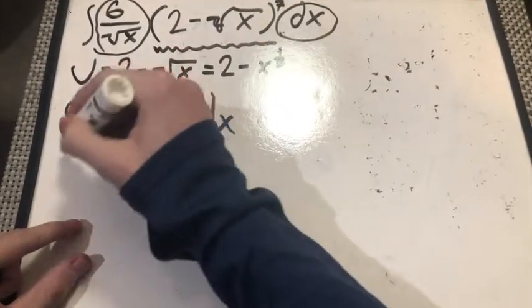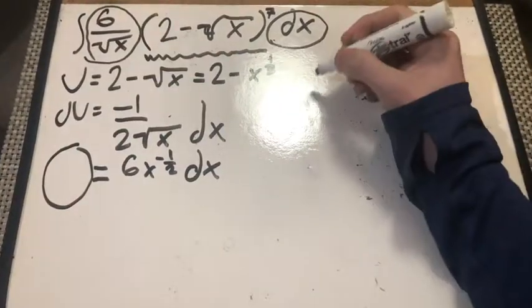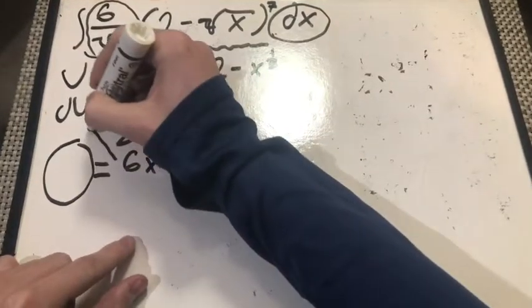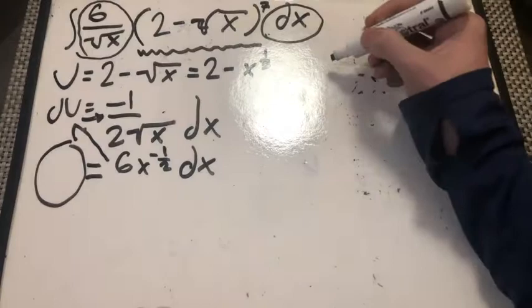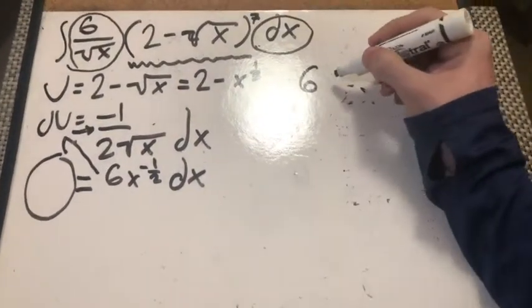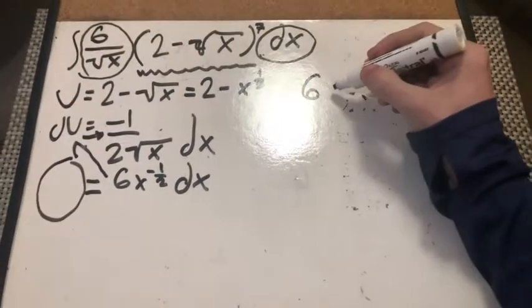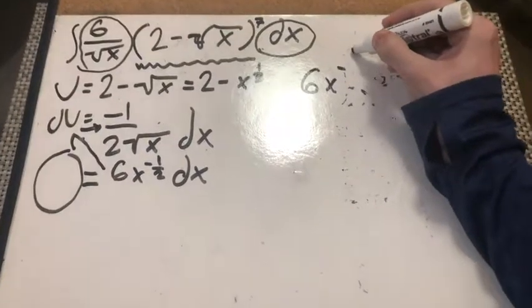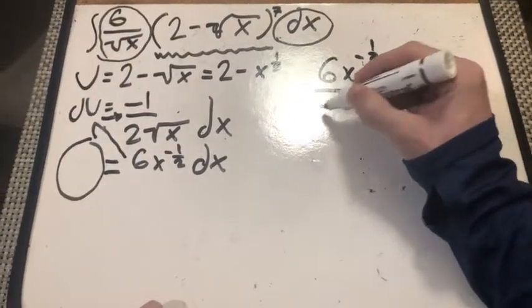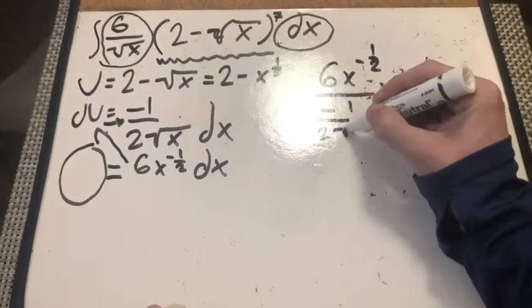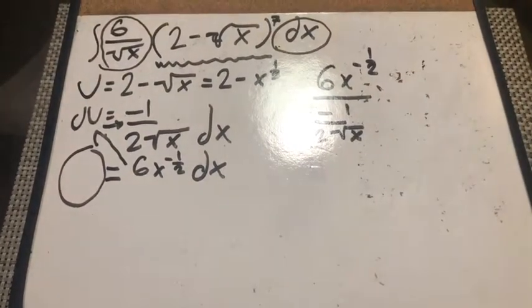So to get what we want, we have to do this times this divided by this. So what we're going to have is 6x to the negative 1/2 over negative 1 over 2 square root of x.